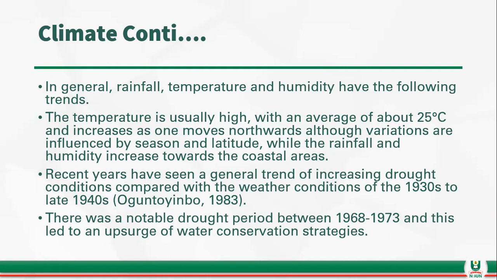The temperature is usually high, with an average of about 25 degrees Celsius, and increases as one moves northwards, although variations are influenced by seasons and the latitude, while the rainfall and the humidity increase towards the coastal region. The temperature increases towards the north.